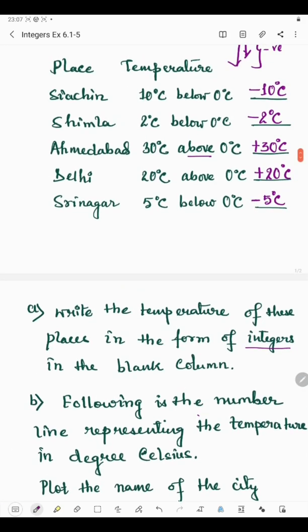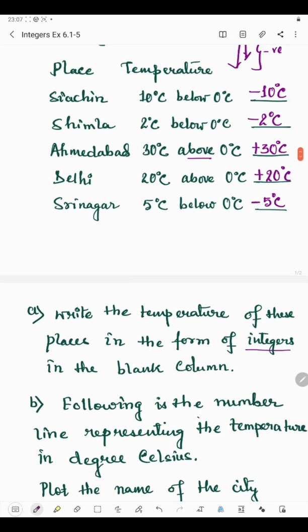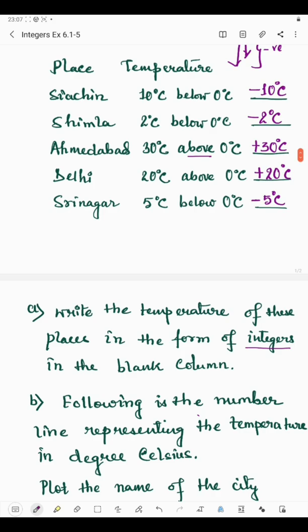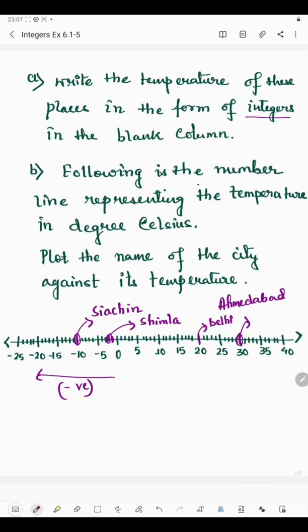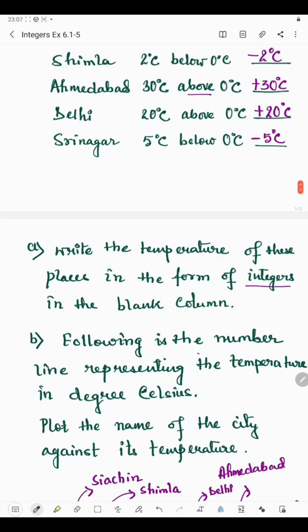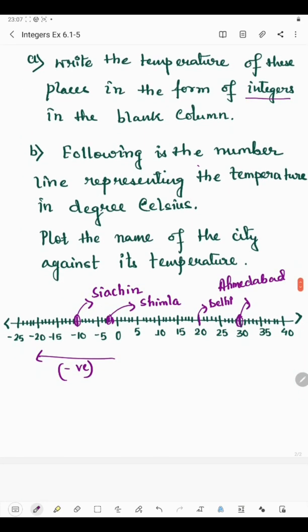Now next we have Delhi, which is 20 degrees Celsius above 0, plus 20. So plus 20 is here. So this is Delhi. And last we have Srinagar, which is minus 5 degrees Celsius. So again we will have to see the left side of 0. So here is minus 5. So this is Srinagar.